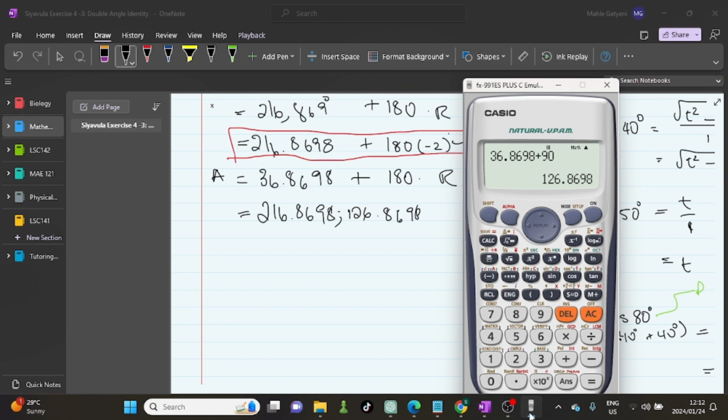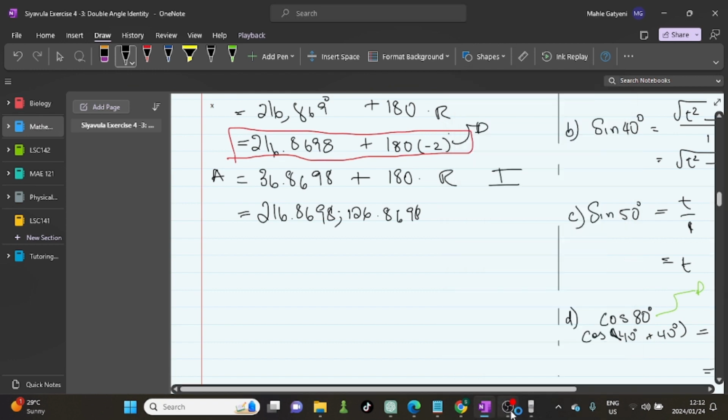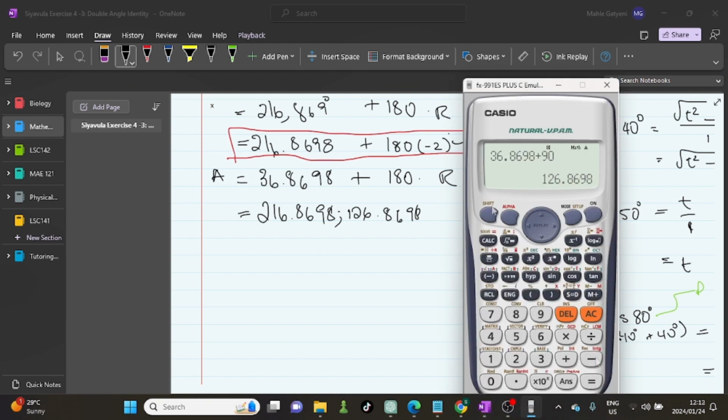126,8698, and then isibini senze isibini xa ngu-minus half ndimenzile, xa ngu-minus 2/3 then it's minus 2/3 multiply by 180, minus 120 plus 36. It's gonna be less.